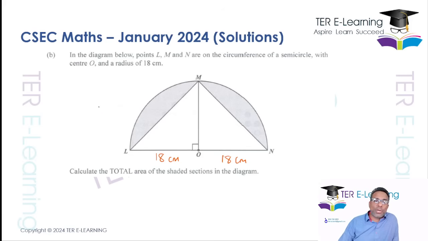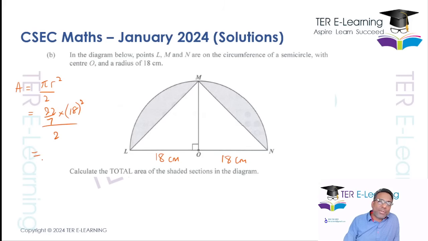So let's work out the area of the semicircle. Because it's half a circle, it's going to be pi r squared over 2. They told us to take pi as 22 over 7, so that's what we're going to do. 22 over 7 multiplied by the radius squared, so 18 squared, and you have to divide that by 2.